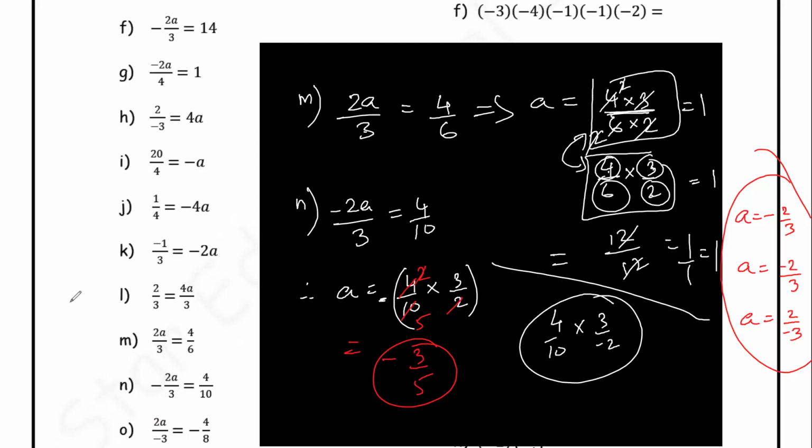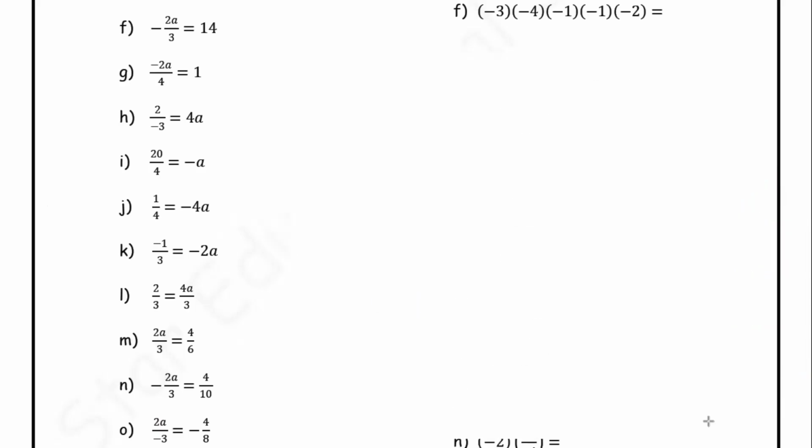Another way people usually solve this, I'll show you on the next clean screen. The other line of thought for N: negative 2a over 3 is 4 by 10.